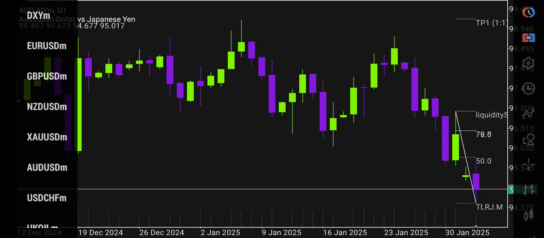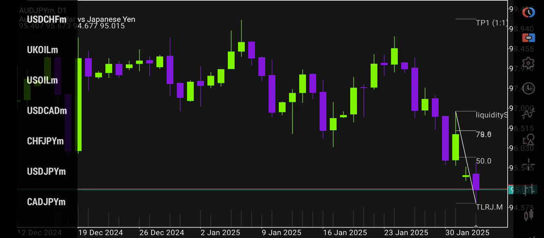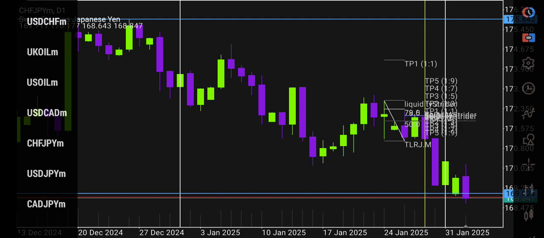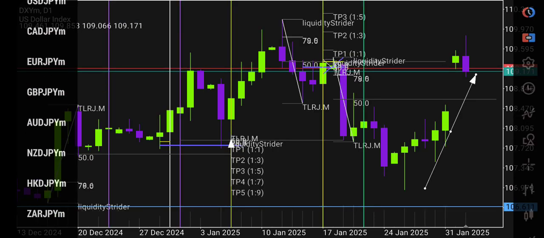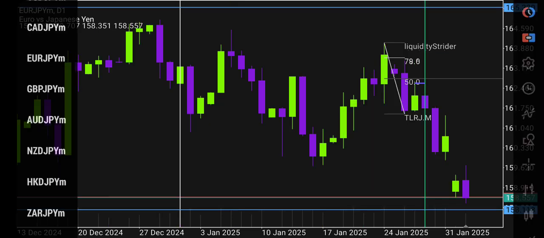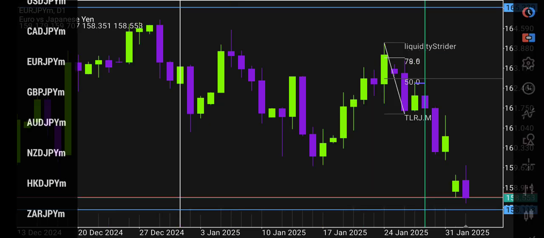So in this video I just wanted to highlight that this pair, Swiss franc versus the Japanese yen, is my DXY, my US dollar index when it comes to these Japanese pairs on my left hand side.